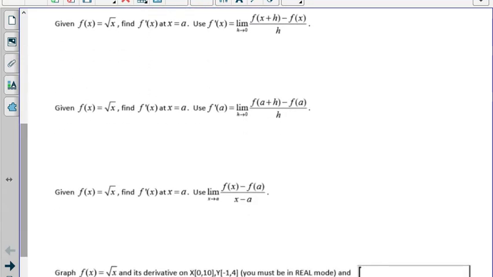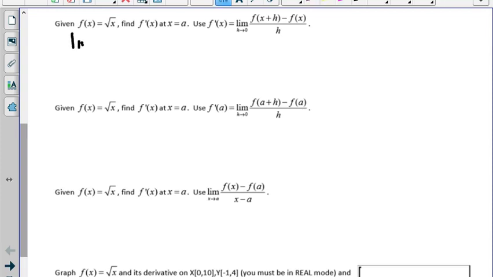So that's not too difficult. Now we're going to do a problem here in 3 different ways. So given this function, the square root of x, find f prime of x at x equals a. Use the first limit definition of the derivative that we had.